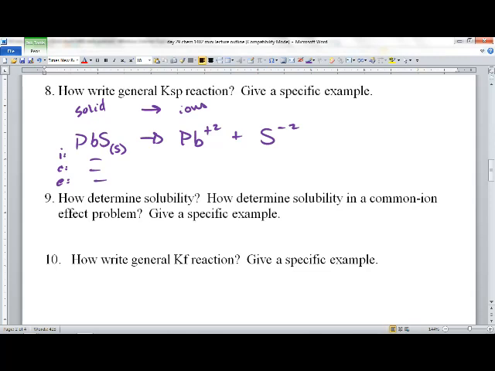Very often, they specify the solubility in grams per liter. Remember those questions? If they don't care, just leave it alone and write big M on your X. But if they specify grams per liter, how do you convert? Molar mass. Molar mass of what? Of the solid. Whatever the solid is, that's what you find the molar mass of. And that's how you convert to grams per liter.